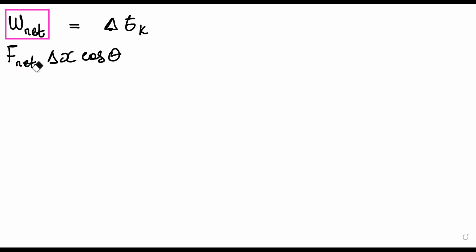Or instead of saying net force, you can say the kinetic frictional force, because you understand it is the net force in this case. But let's just keep the original formula. It's always nice if we deal with the originals.